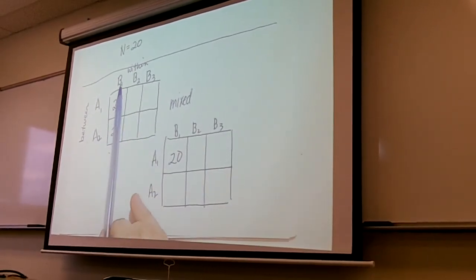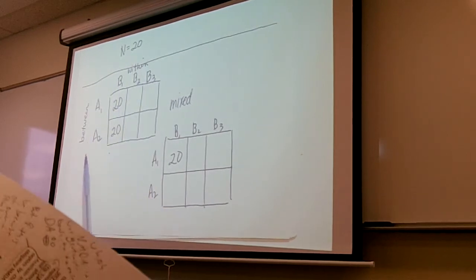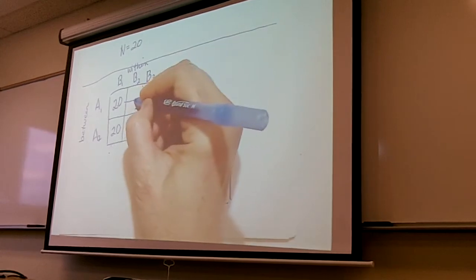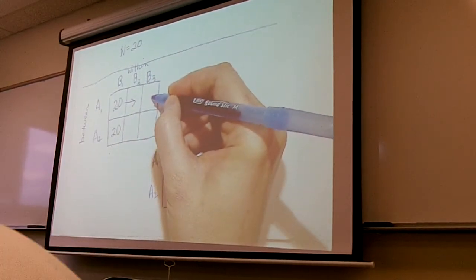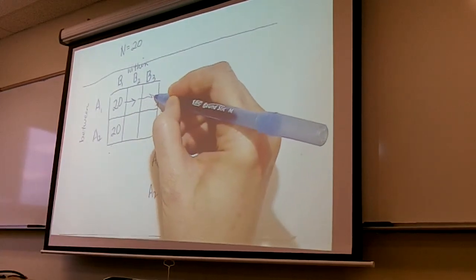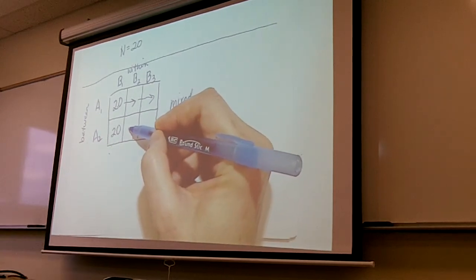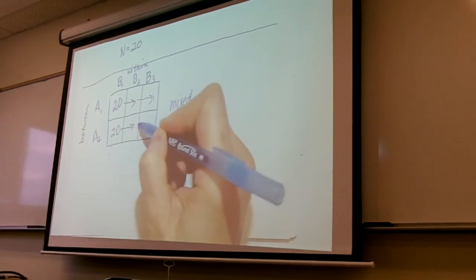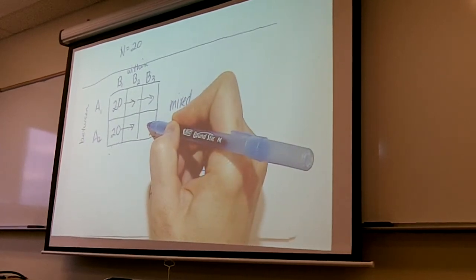Now, B is a within subjects variable. So what goes here? 20 or an arrow? Arrow. What goes here? 20 or an arrow? What goes here? 20 or an arrow?